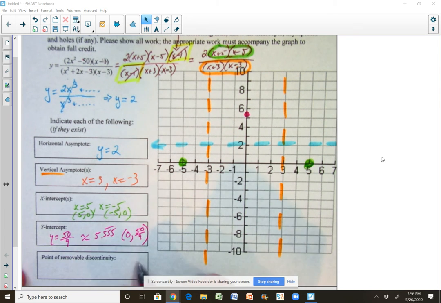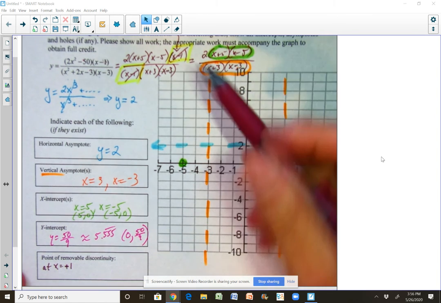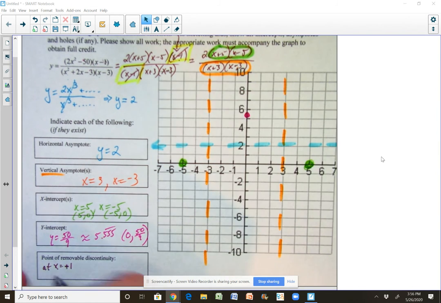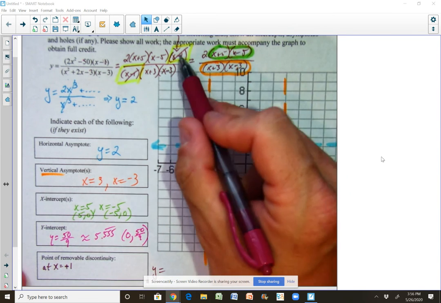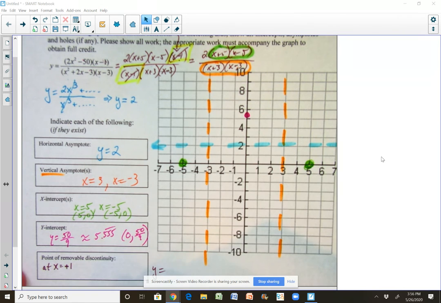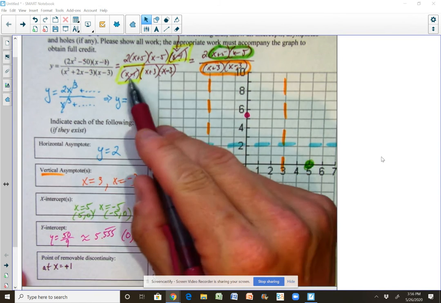The only other thing we're missing is the hole. And we know that the hole occurs at x equals positive 1 because the shared factor, if you remember, was x minus 1. So x equals 1 is where the hole is going to be. Now, how do we find out what the y value is? Take the simplified form after you remove the discontinuity, and we substitute in the x value from the removed factor.